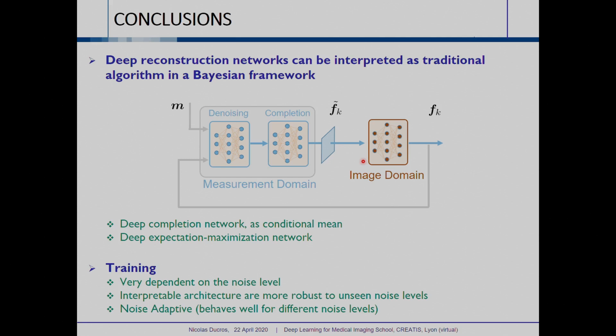This is one of the main problems with deep reconstruction algorithms, and the interpretable network architectures that we discussed are in particular quite robust to unseen noise levels, which is one of their key features.